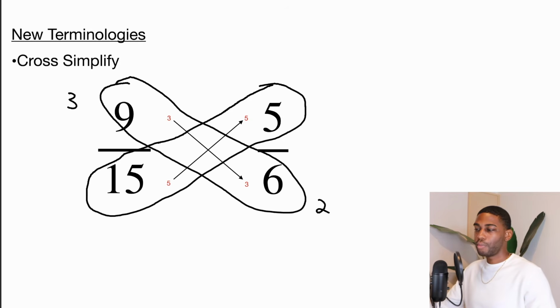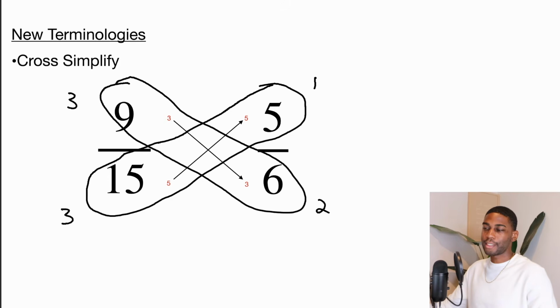What number goes into both 5 and 15? The answer would be 5 itself. So 5 divided by 5 is 1, and 15 divided by 5 is 3.